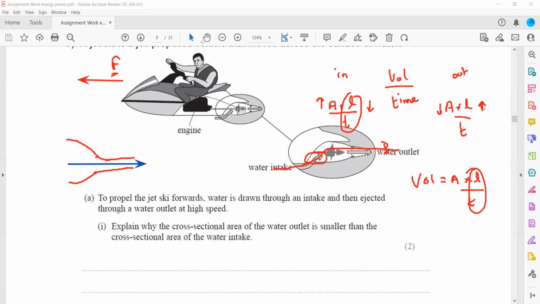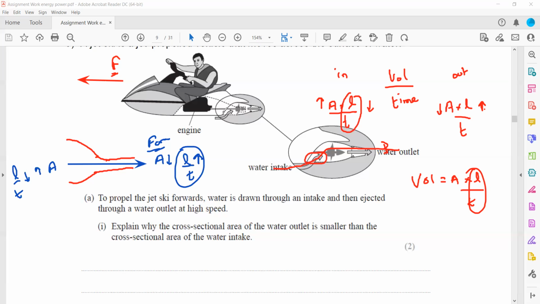But because the intake has a large area, the flow rate is smaller. The other side has a small area, so a greater amount of water must flow every second. There is more change in speed and greater acceleration, and as a result it experiences a greater force. When there's a greater force, it is easier to move the jet ski over the surface of water.